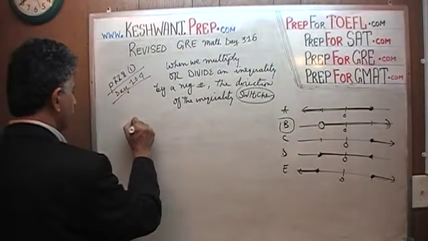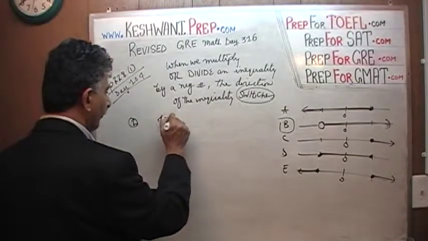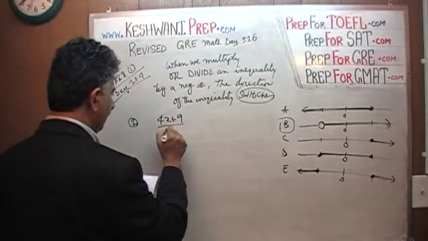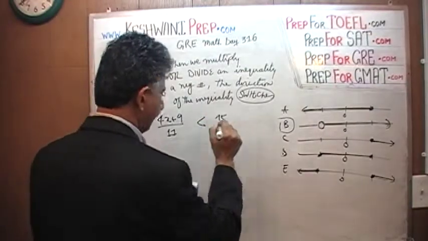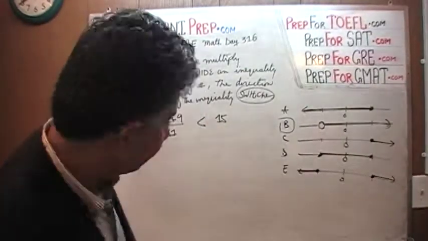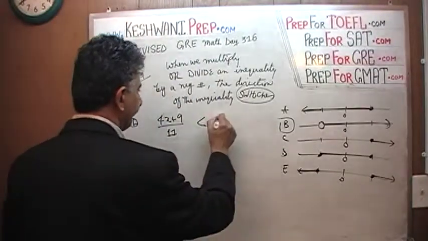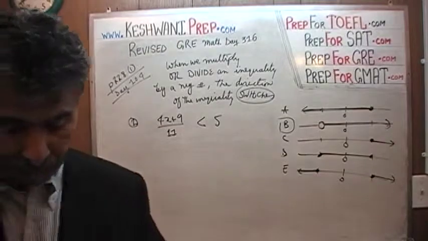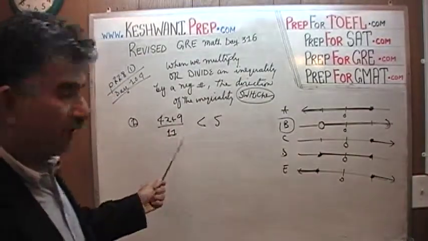On the same page, question number 2, we are told 4x plus 9 over 11 is less than 5. Somehow we have to get rid of this 11 from the bottom, but lucky for us, this 11 happens to be a positive number.